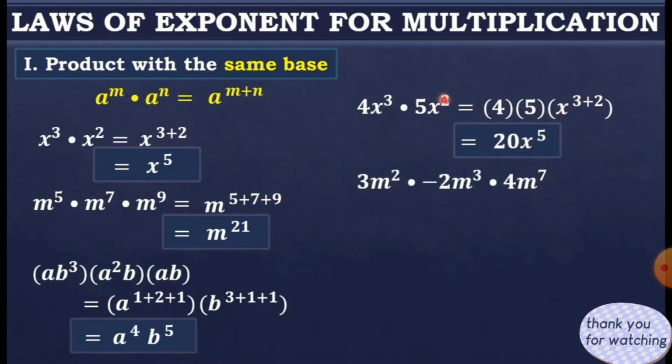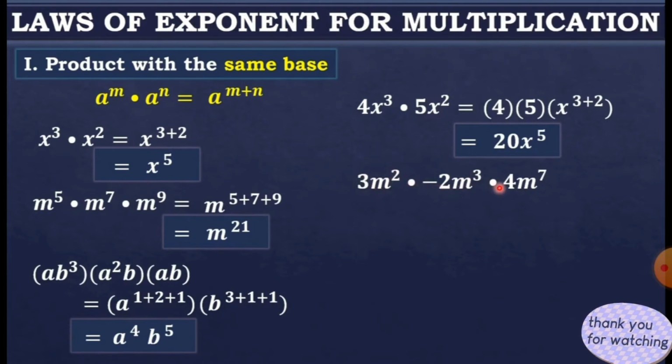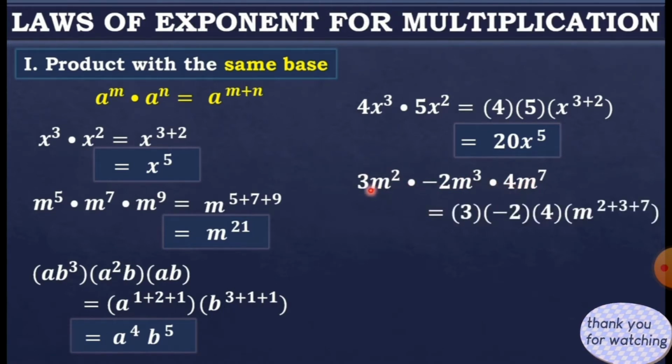Okay? Next example, we have 3m squared times negative 2m cubed times 4m to the 7th power. So first, we have to multiply the numerical coefficient. That's the constant, right? So 3 times negative 2 times 4. And then you copy the common base or the common variable m, and you add all the exponents, 2 plus 3 plus 7.